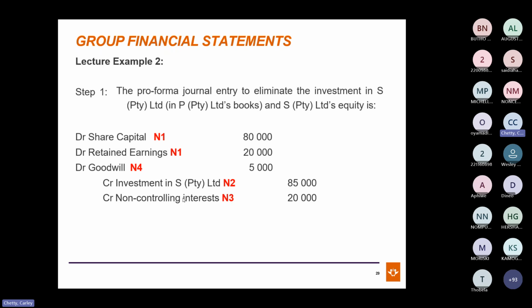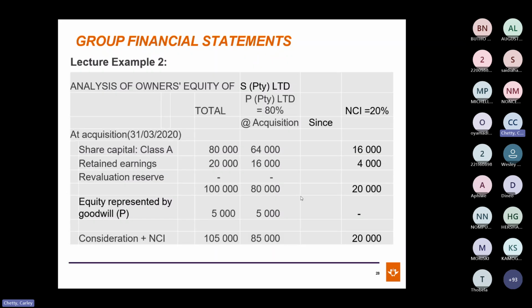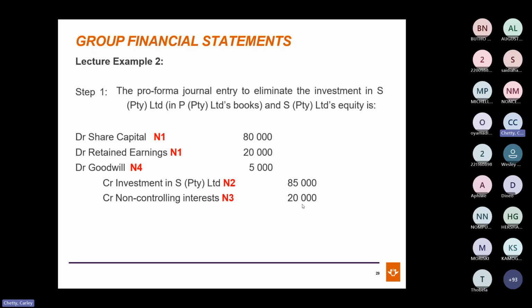We are crediting non-controlling interest with 20,000. So remember, we gave the NCI their portion. Over here, we gave them 20% of the share capital and 20% of retained earnings. That 20,000 Rand, that is a credit. So here we are simply recognizing the portion of the subsidiary at acquisition, the equity that belongs to the non-controlling interest.